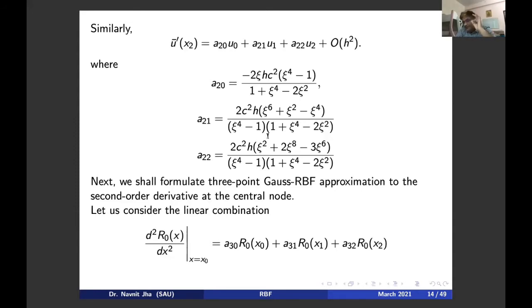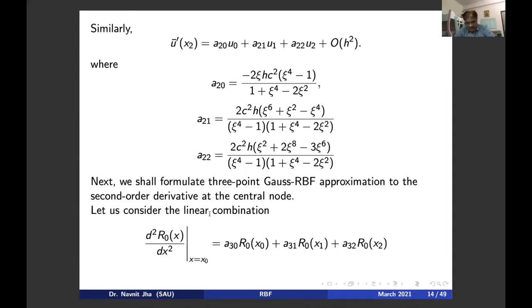Now, our differential equation is basically d2u by dx square equal to a simple function f of x. So this differential equation consists of the second order derivative and the function. How to calculate the RBF approximation for the second derivative?